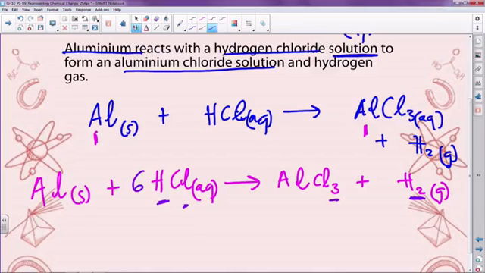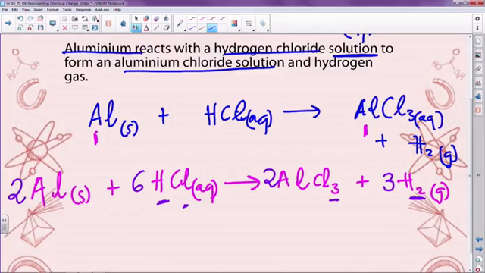I would have 6 hydrogen, so to give us 6 I need to add a 3 there. However, chlorine on one side has 3, but on the other side it has 6, which means I'll have 2 molecules of this product. But if you look at aluminium, we've got 2 aluminium on one side and 1 on the other. It means we also need a 2.